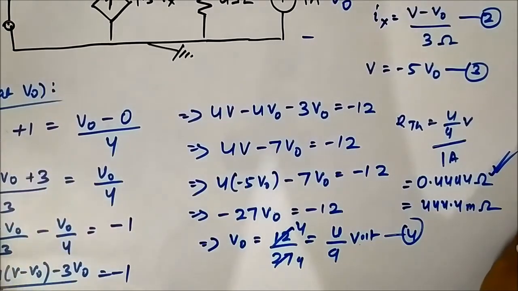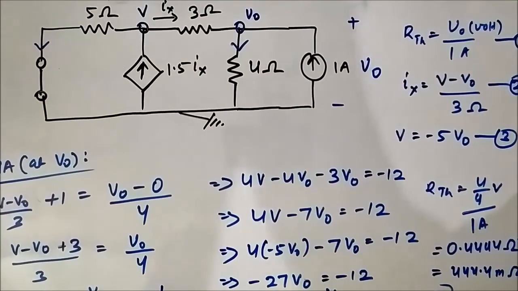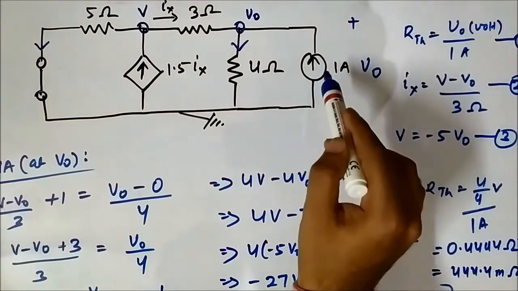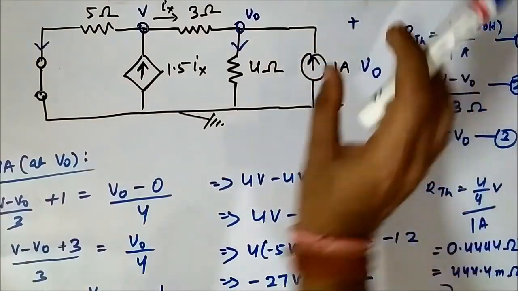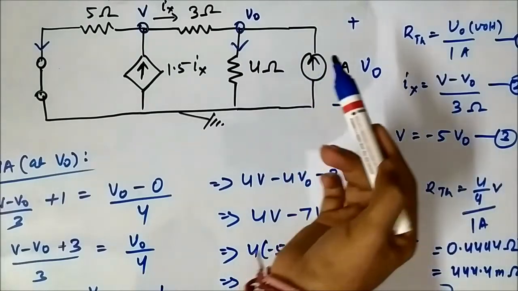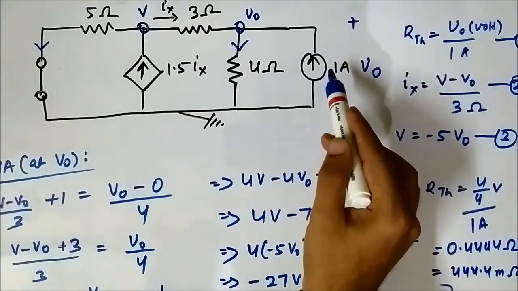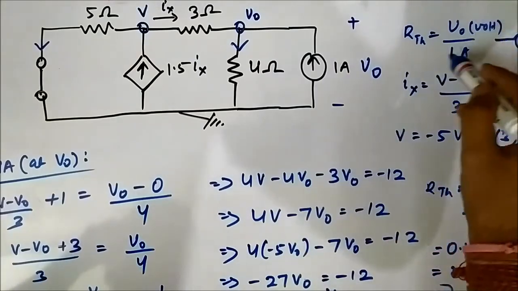So this is the second method of determination of RTH. In the previous question, we connected a 1 volt voltage source across the terminals across which RTH was to be found. We found the current supplied by that source, and RTH was 1 volt by I0.